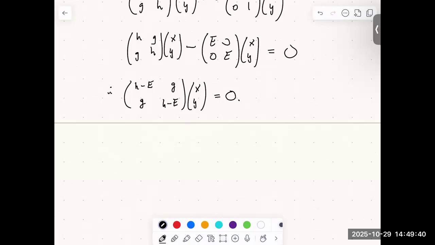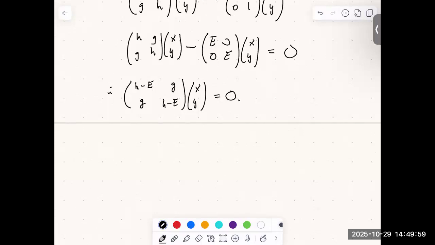And so I can't multiply by the inverse on both sides, which if I could, then I could prove that X, Y could only be equal to 0. So if the determinant doesn't exist, that means there must be some other solution X, Y that satisfies this equation.